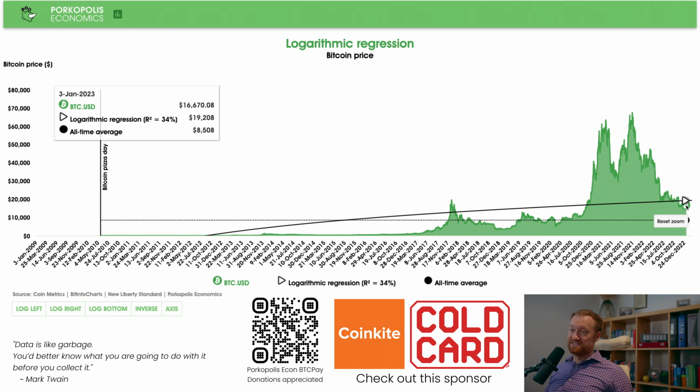So interestingly, the logarithmic price is closer to the actual price. It's closer, right? Because linear, remember, was roughly $26,000. That line at this point, logarithmic, is 19,000. So the logarithmic curve is closer, but the R squared is much worse.